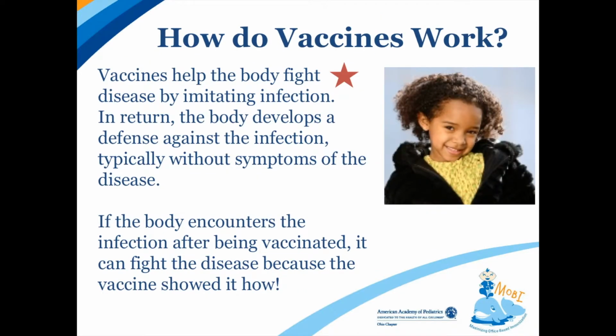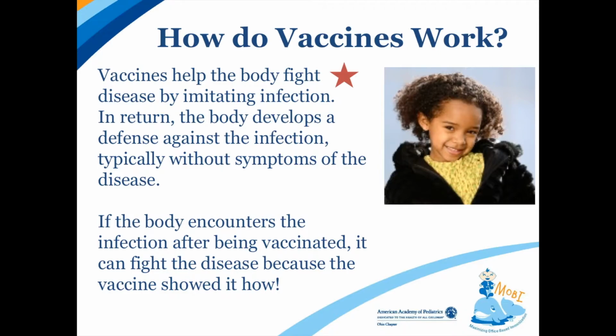So how do these vaccines work? As we said, we introduce a small portion of the virus to the patient, and then they develop an immunity to be able to fight this infection later on. What the vaccines do is help their body fight disease by imitating this infection.